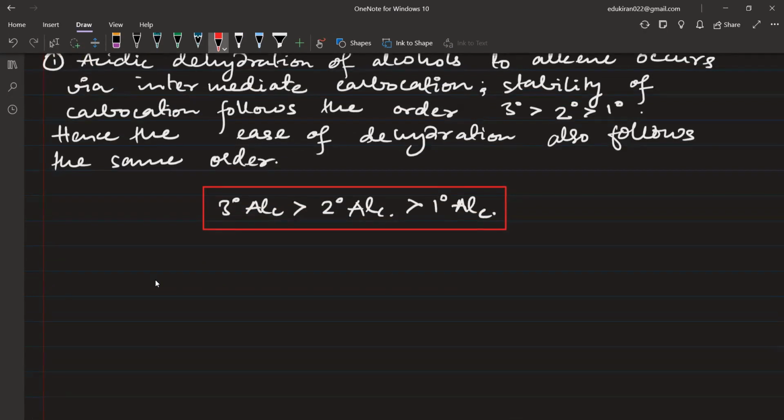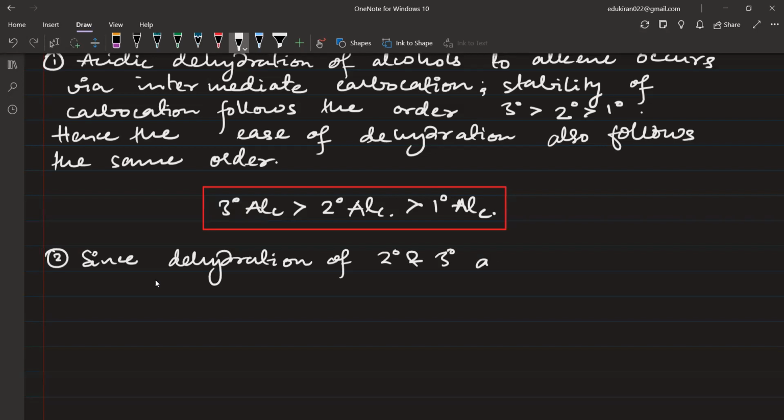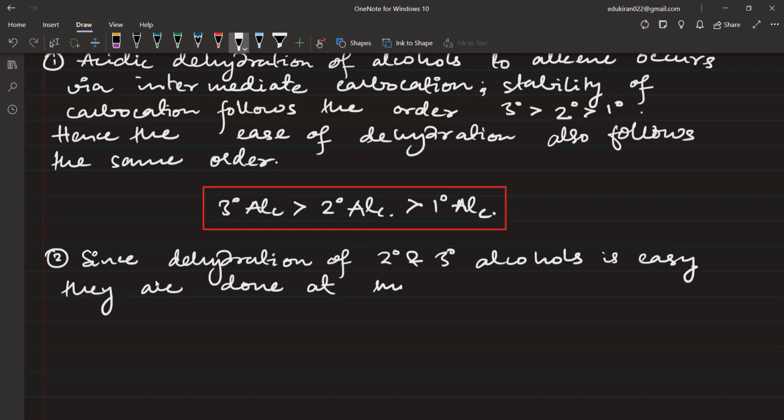Right, next point. Since dehydration of two-degree and 3 degree alcohols is easy, they are done at milder conditions.